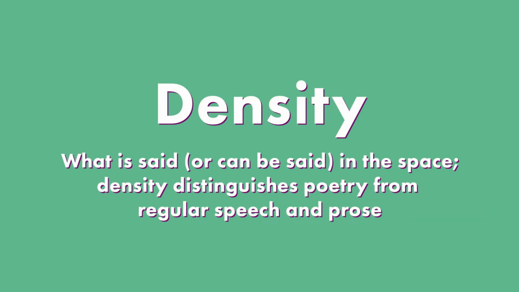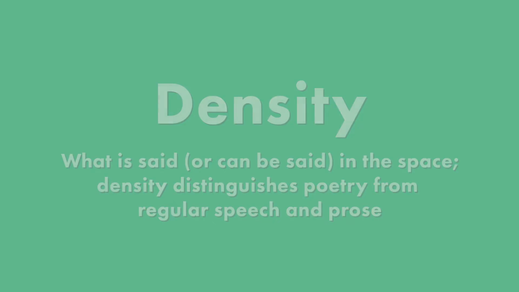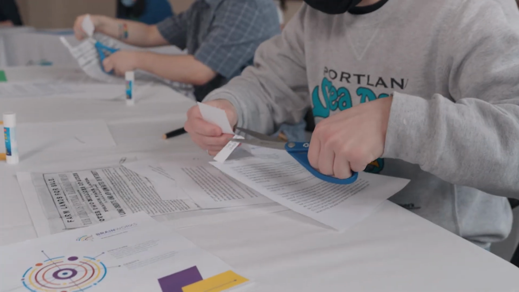Density is what is said or can be said in the space. Density distinguishes poetry from regular speech and prose. Poetry uses language to distill ideas into a compact form of expression. Teach these concepts and practice them with the class before embarking on the lesson.